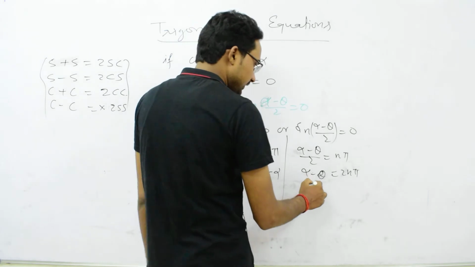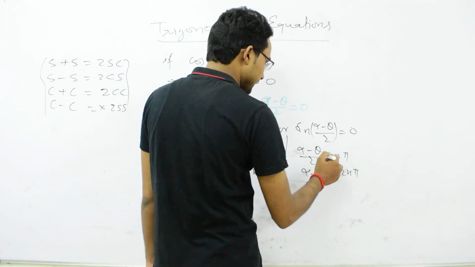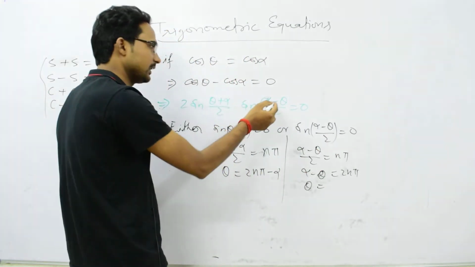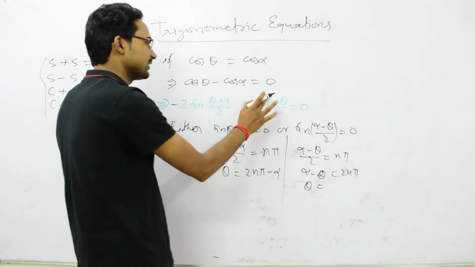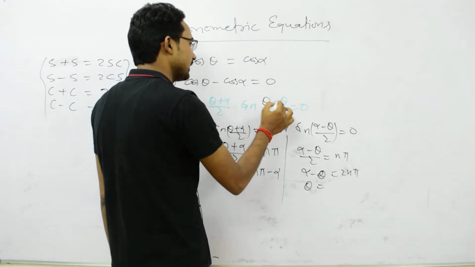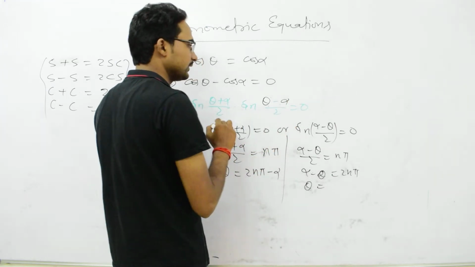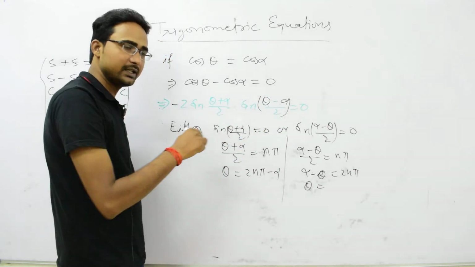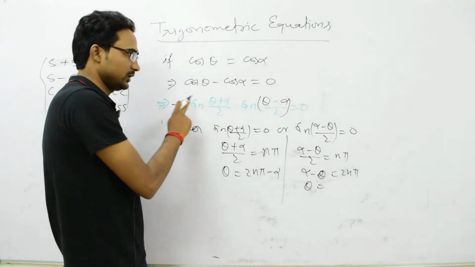Okay. So, for theta, we can take minus common here, since alpha minus theta is there. After taking minus common, we can write theta minus alpha by 2 is equal to 0. I think this way you can get the relation easily. That is why I am using theta minus alpha, because minus 2 is not equal to 0.